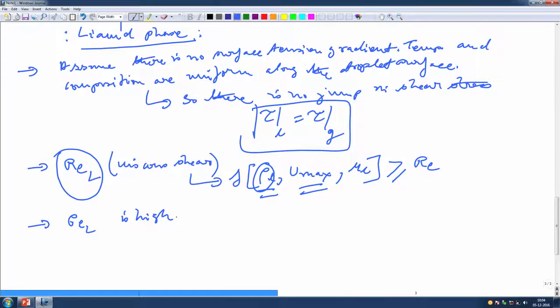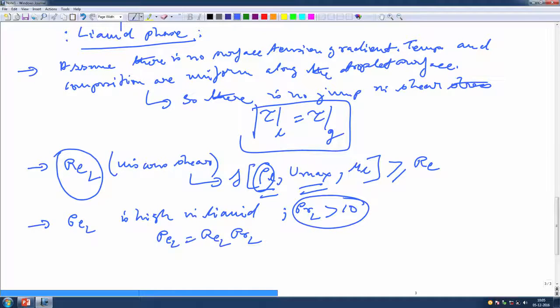What happens when the Peclet number is high? The Peclet number is the Reynolds number of the liquid phase times the Prandtl number of the liquid phase. The Prandtl number of any liquid is usually high, usually greater than 10 in many cases. For water it is about 6.